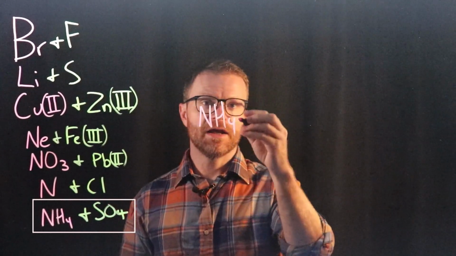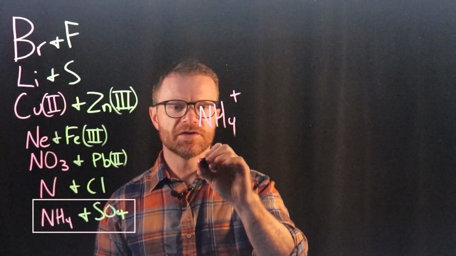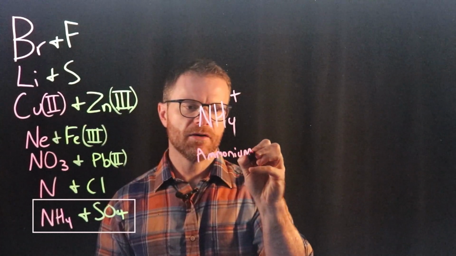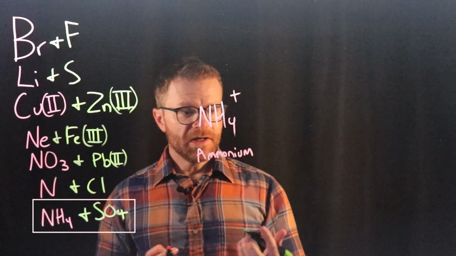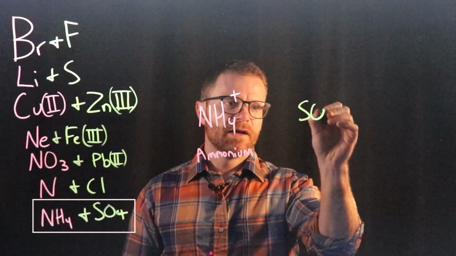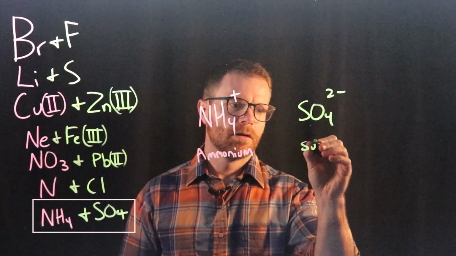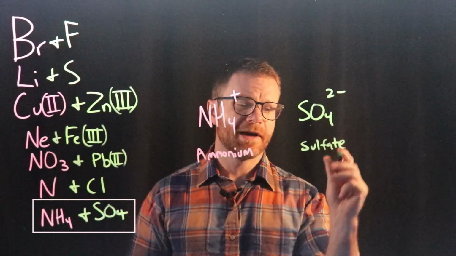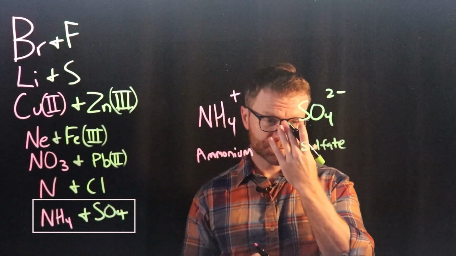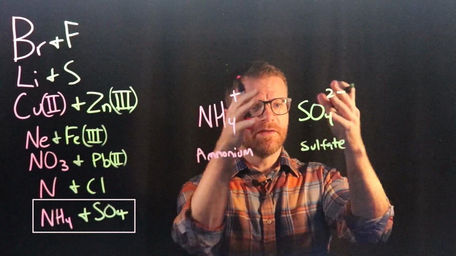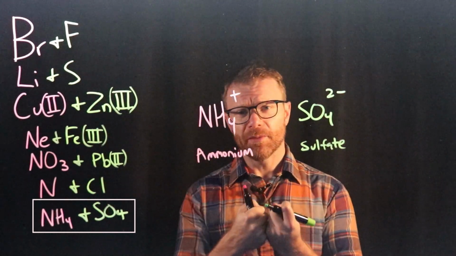Okay, we've got NH4, which has a positive charge and is called ammonium. Hopefully you have that one memorized by now. And then sulfate is another polyatomic ion with a -2 charge. And again, that's another one of the ones I ask my students to memorize. Now you might notice that these are nonmetals and these are nonmetals, so maybe it's a covalent bond.